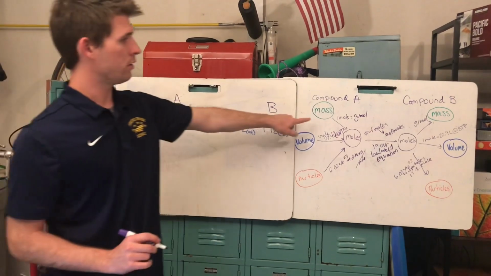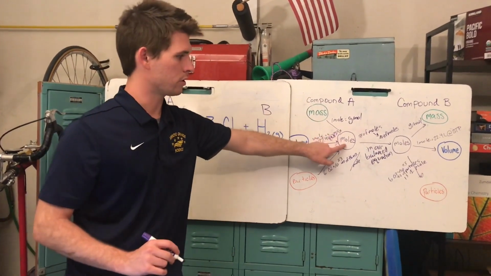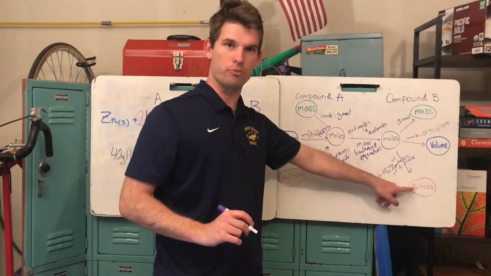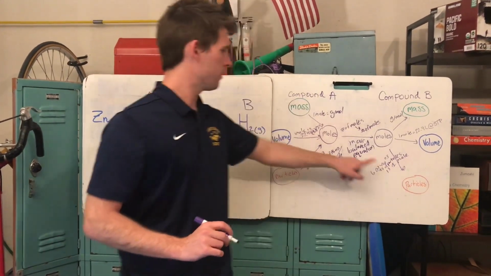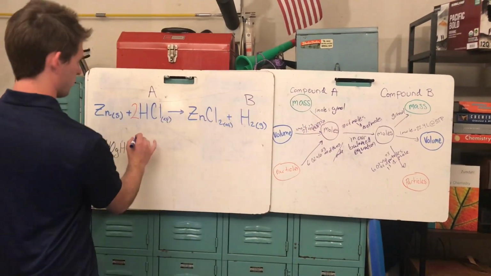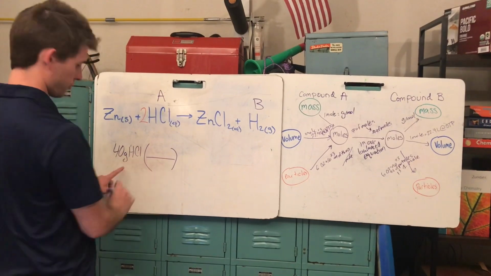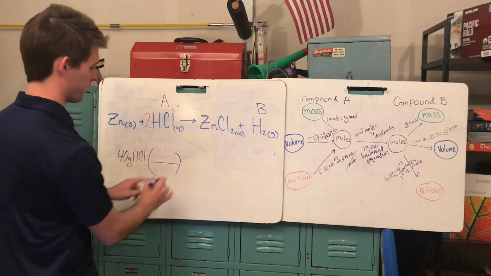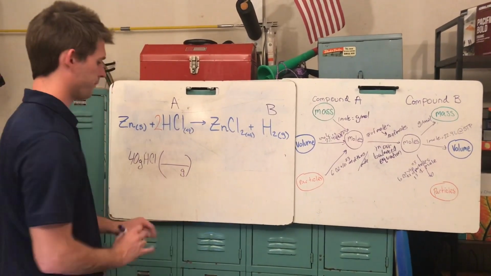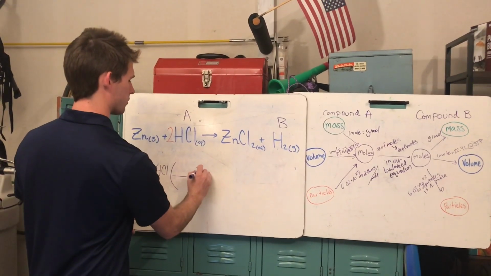If we have the mass, we need to first convert to moles, because we're trying to get down to here, the particles of hydrogen gas. But we're all the way over here. So our first step is to convert to moles. We'll use a unit conversion, and because grams are on the top here, I'm going to put grams on the bottom here so they'll cancel out, and we're going to convert it to moles.